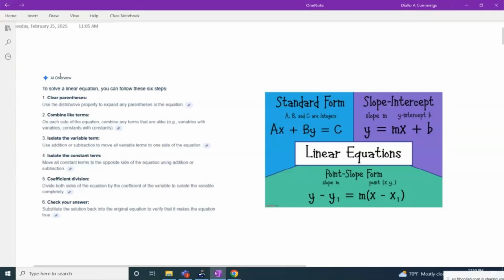The first step that I'm going to add to this, I'm actually going to call this step 0, and it would be to remove fractions.